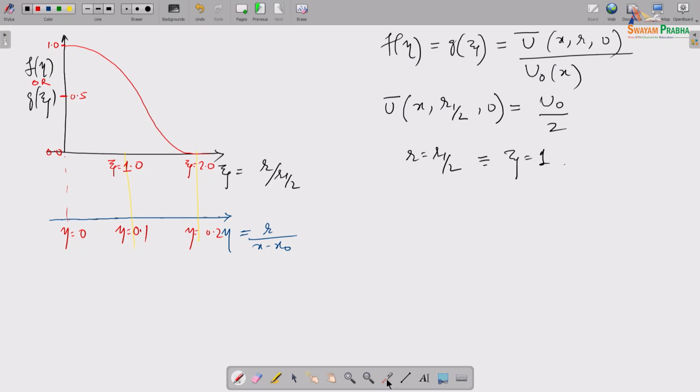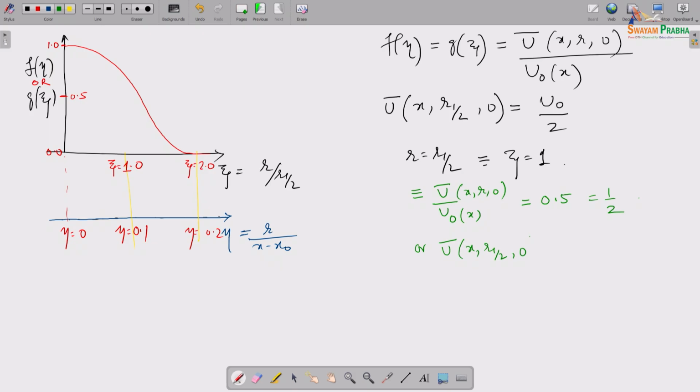So, zeta is equal to 1, meaning zeta is here. In that case, this value basically means that u mean by u naught is about 0.5, which is equal to 2, or u mean x r half.